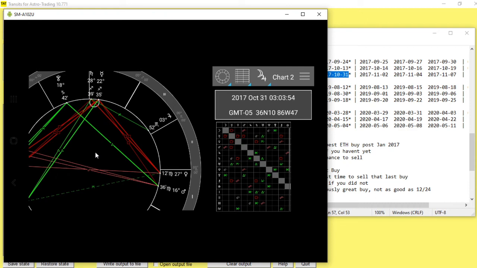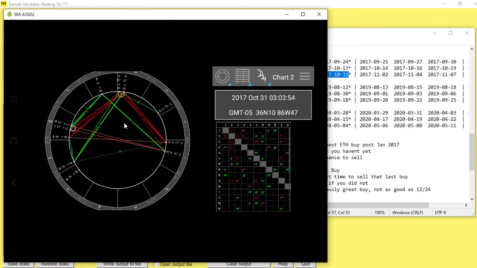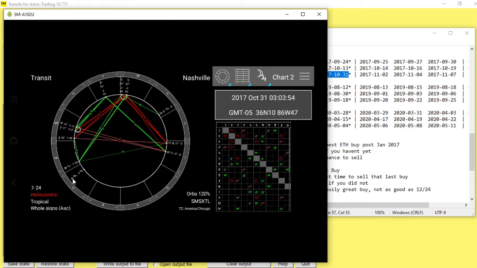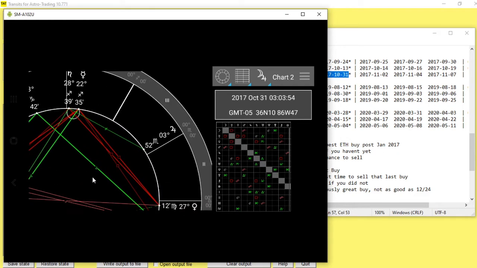Interesting. The Earth is always on the opposite side of the Sun, which makes sense if you think about it. So it's over here, and let me see if I can even think about that. That's probably the first degrees of Scorpio.